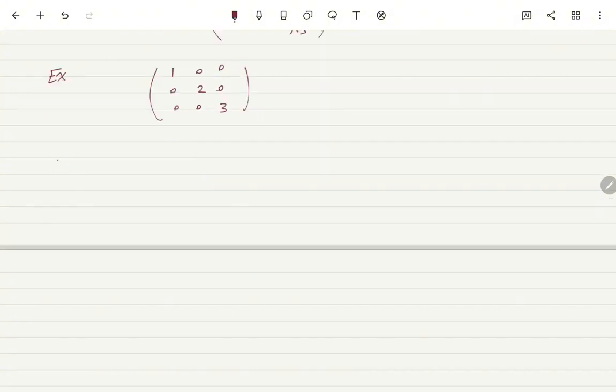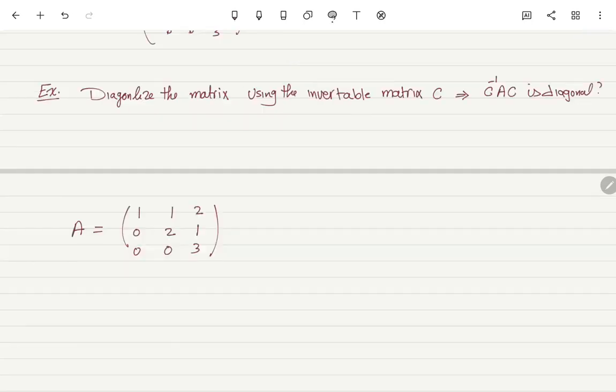Example: diagonalize the matrix using the invertible matrix C in such a way that C inverse AC is diagonal. So for this matrix, we just find the eigenvalues and eigenvectors.